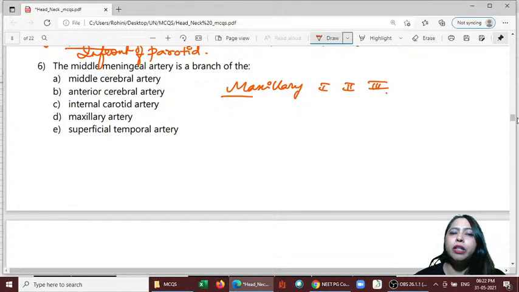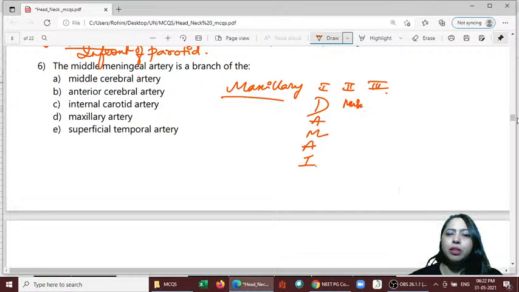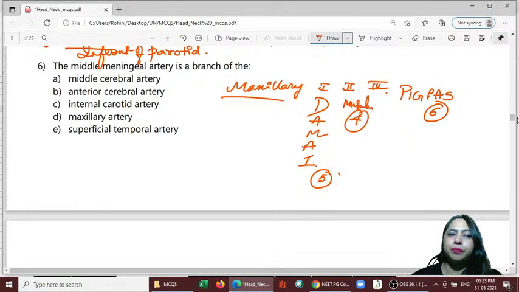Now, the maxillary artery has the first part. You can remember this as DAMAI. Second one is all muscular branches. Third one, you remember this as big pass. So 6 branches, 4 branches, and 5 branches.